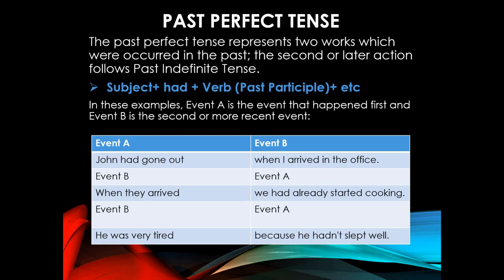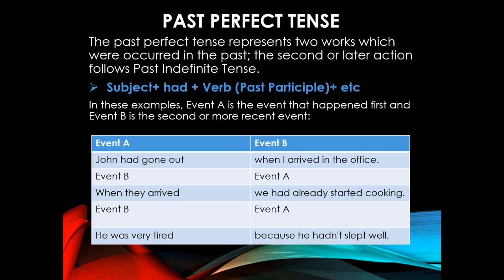The first one which happened, event A, will be in past perfect tense, and the one that happened later will be in past indefinite tense, that means simple past tense. Let's see another example. Event B, he was very tired. Event A, because he hadn't slept well.